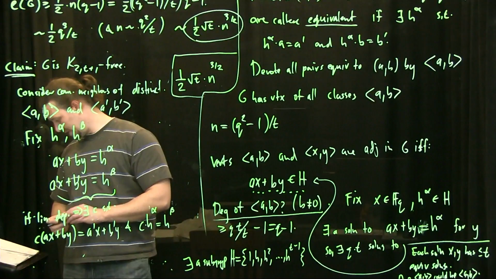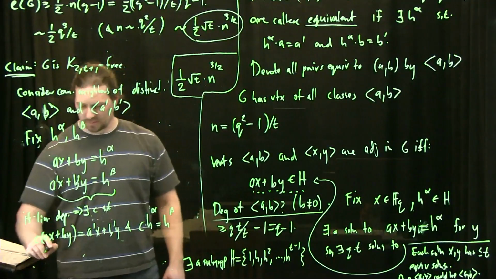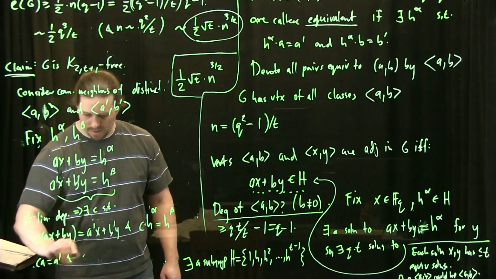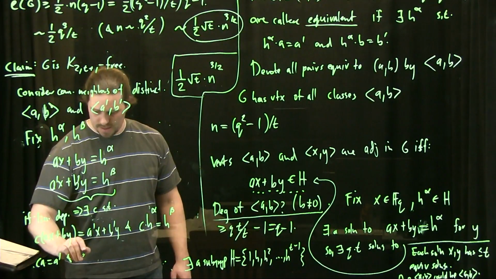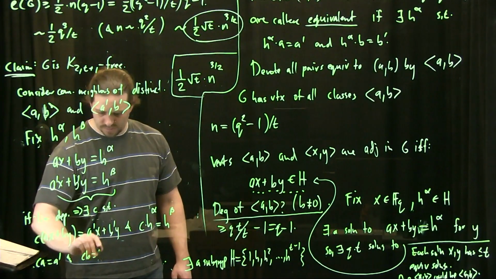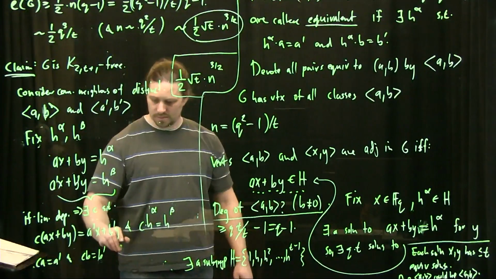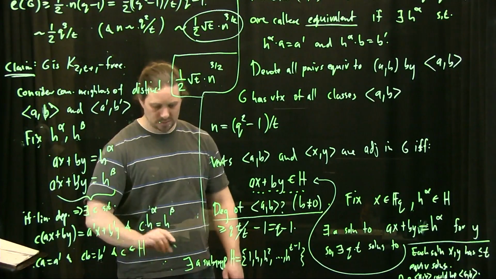Okay, but this has the further consequence that X and Y, you can think of them as variables. This means that CA equals A prime, and CB equals B prime, right? That's how you get equivalence here. But it also means that C is in the big H set here, right?